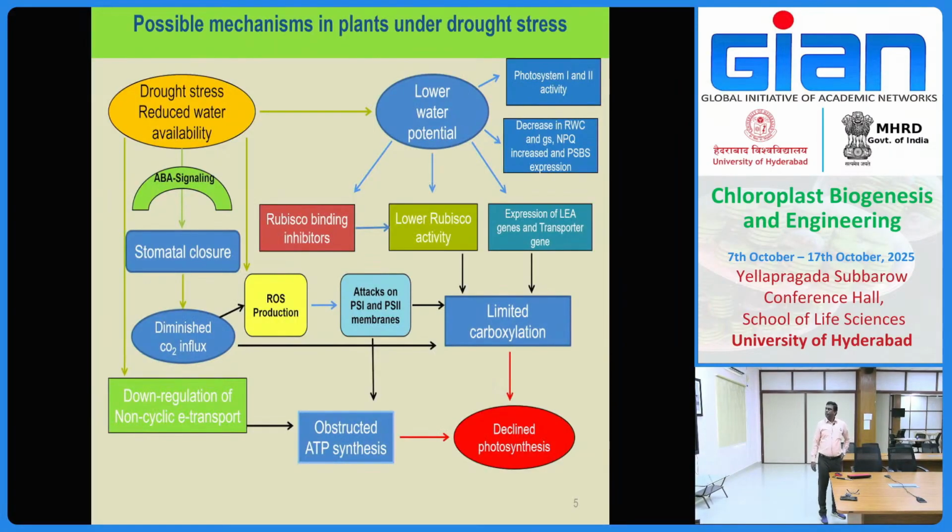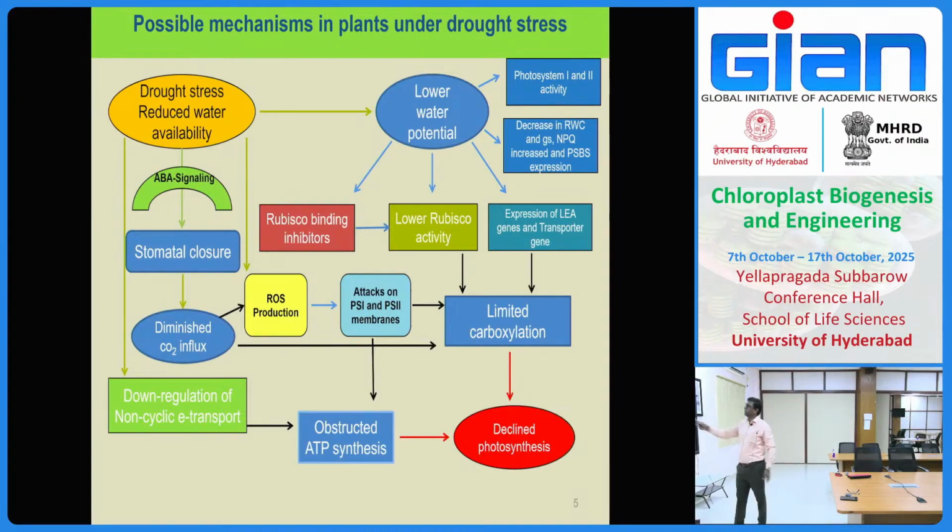Now, what are the possible mechanisms in plants under drought stress? These are all known: what happens to plants when drought strikes. Drought stress reduces water availability, because there is no water.